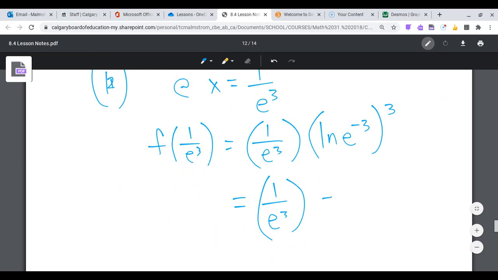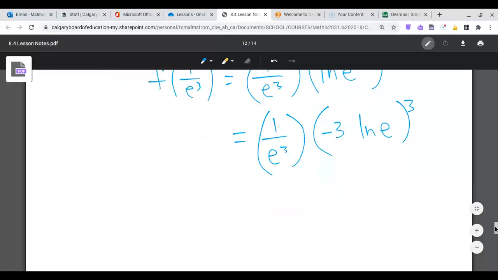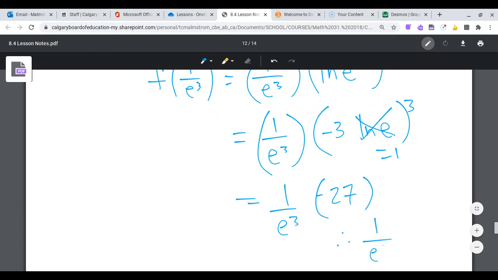And so I have -3 of ln e. Remember, ln e is just 1. So 1 on e cubed, -3. So this is just 1. And -3 cubed is -27. So therefore, we have a point happening at 1 on e cubed and -27 on e cubed.